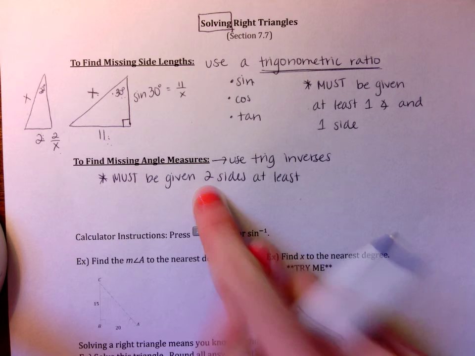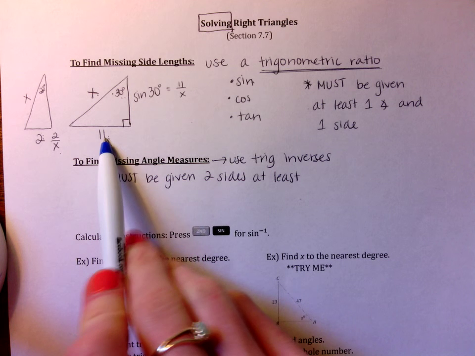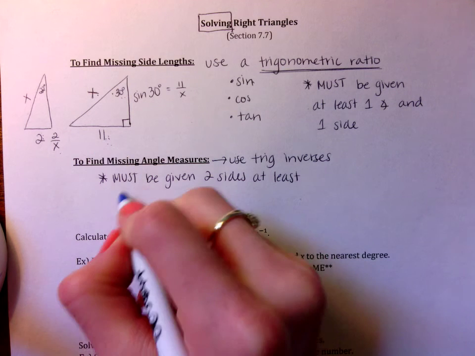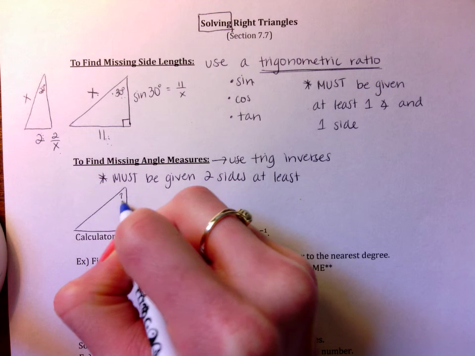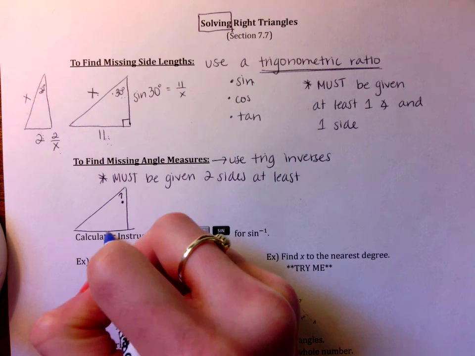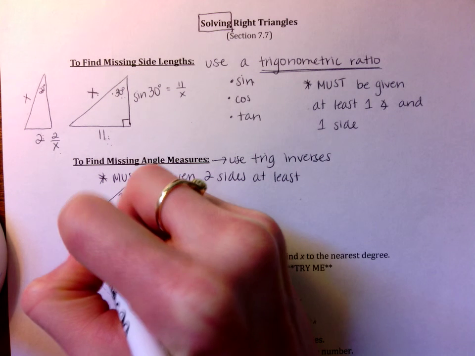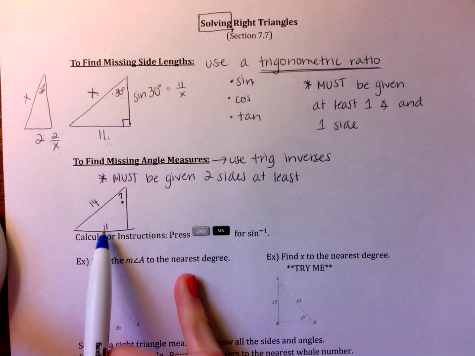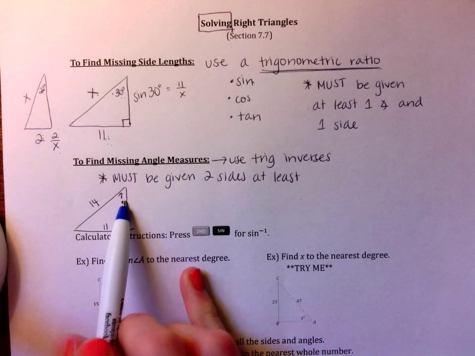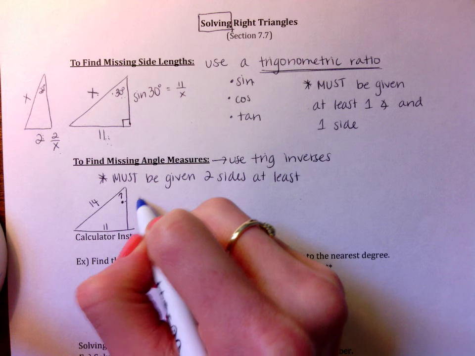It tells us, oh, we have the ratio. So let me draw this triangle again. Maybe instead of knowing this angle, we don't know it, but we know that the bottom is 11, and we know this is 14. Then we can find what this angle is by saying the inverse sine.